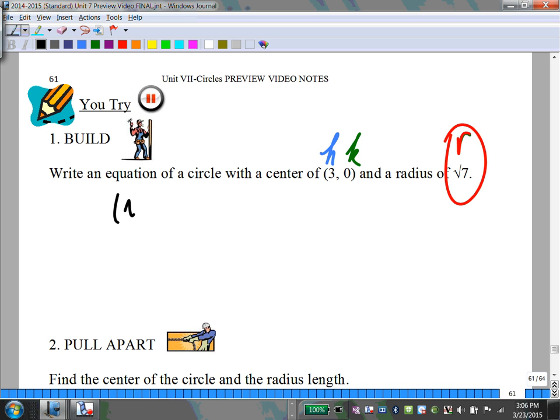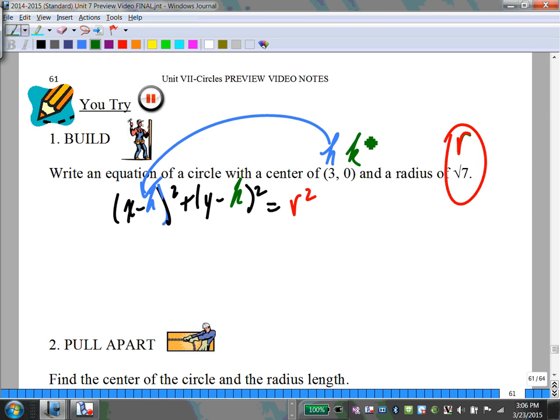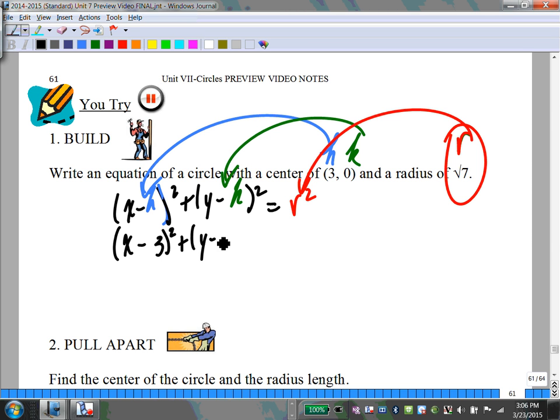We need to write our equation, (x minus h) squared plus (y minus k) squared equals radius squared. Our h is going to go here, our k here, and our radius there. So we plug it in: (x minus 3) squared plus (y minus 0) squared equals (root 7) squared. And then you just clean it up.